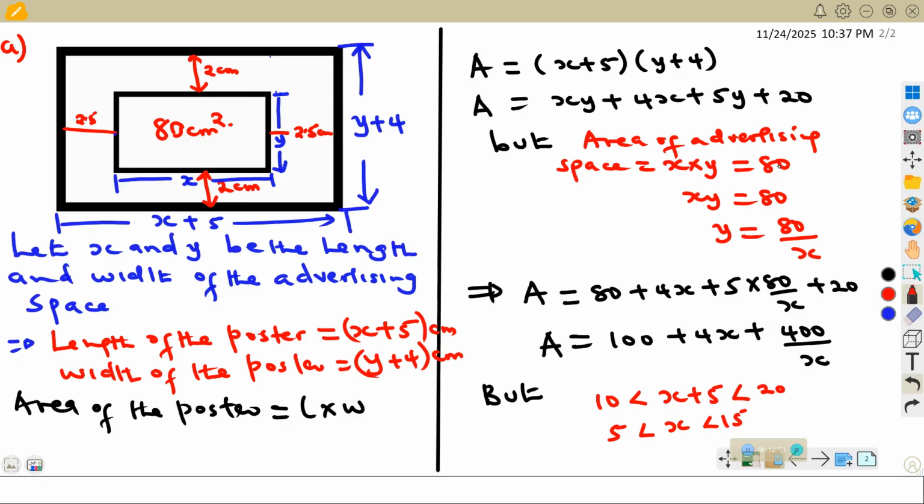So let us go on and look at how best we can minimize the area of this given poster.